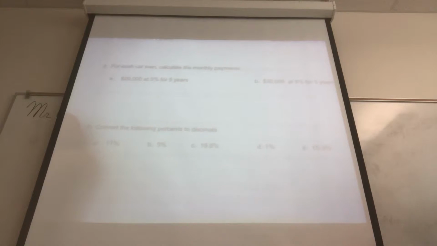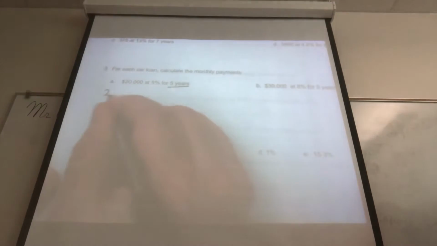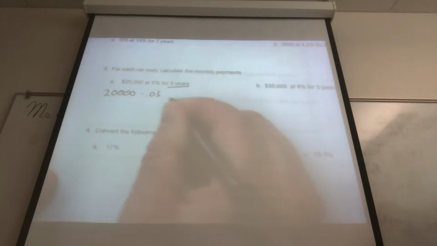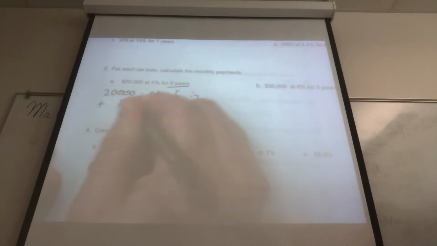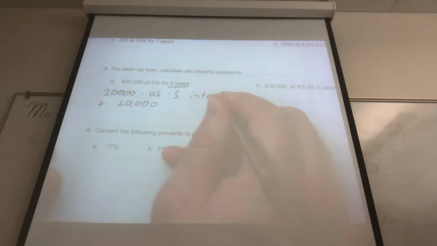I believe I left the car loans off on the semester exam, the final exam, whatever you want to call it. If I didn't, it's a 5-year note. You'll take $20,000 times 0.05 times 5. That'll get you your interest. You'll add $20,000 to get your total.